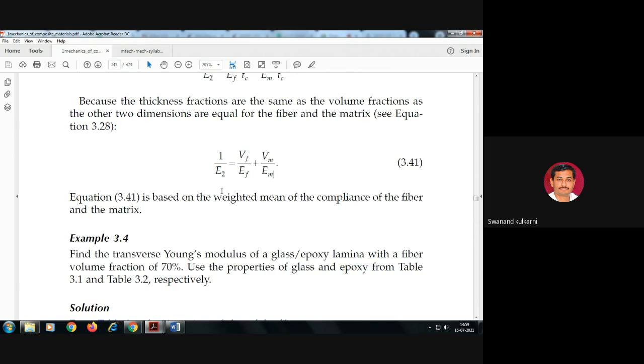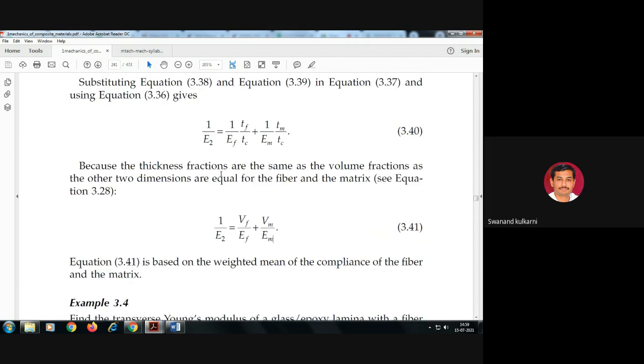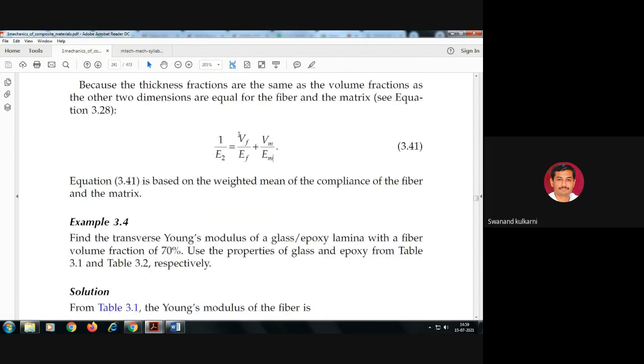But while calculating the Young's modulus in the transverse direction, because the properties in the transverse direction are always weak, whereas in the longitudinal or linear direction properties are strong, we take the reciprocal, 1/E2. It was already proved during the last lecture that 1/E2 = VF/EF + VM/EM.